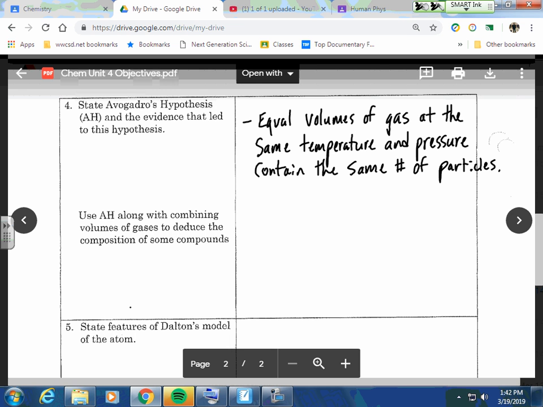And the key on this, not just that equal volumes of gas have equal number of particles, it's key to understand that they have to be at the same temperature and pressure, because if you change either of those, it's a whole different ball game. Got to keep the temperature and pressure constant.